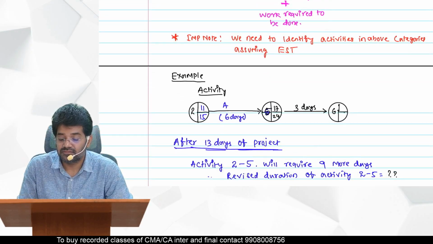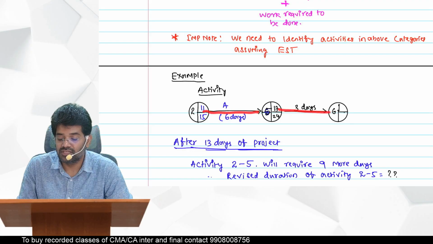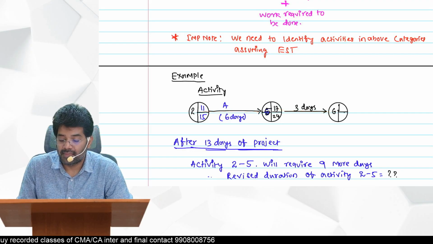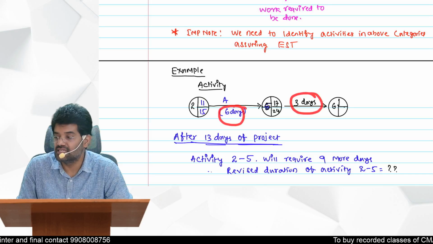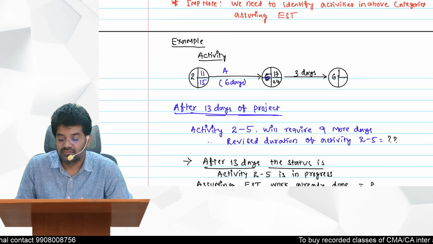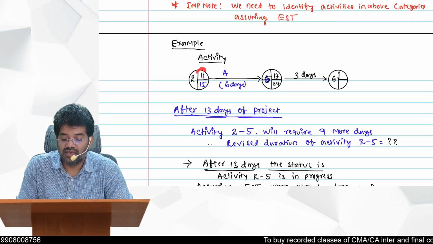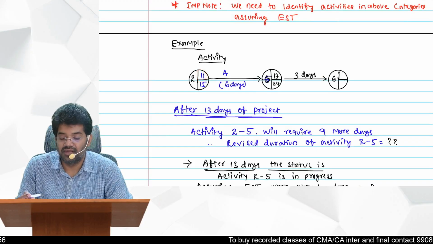Now, activity 2 to 5 and 5 to 6. 2 to 5 requires 6 days and 5 to 6 requires 3 days. Earliest start time of 2 to 5 is 11, assuming that they started it after 11 days only.